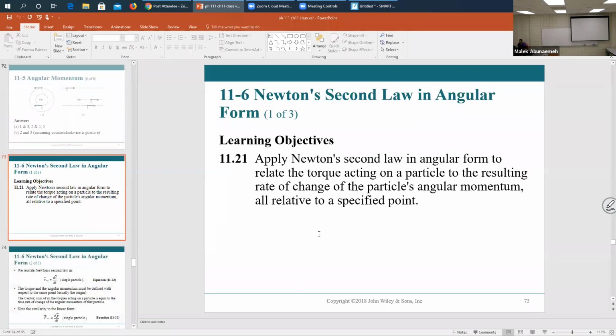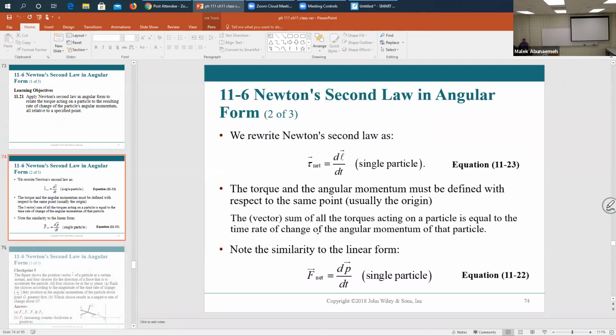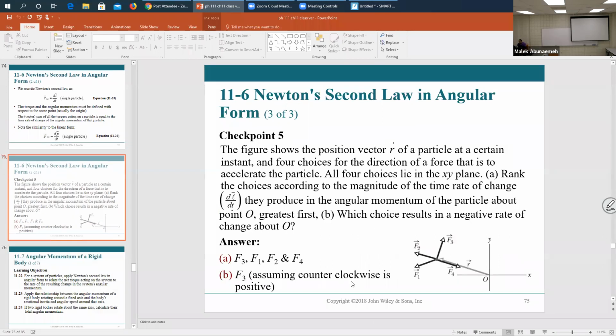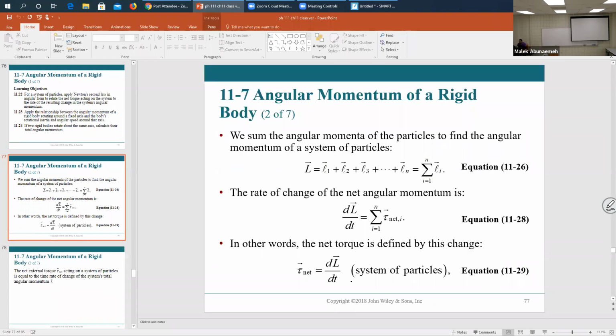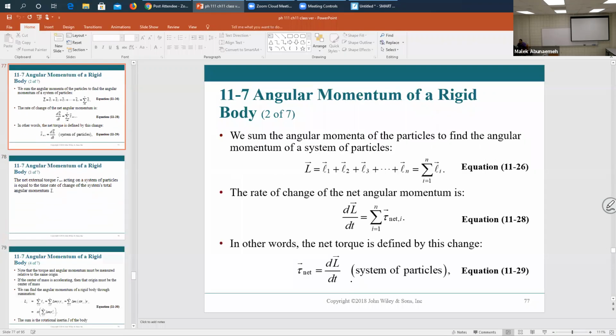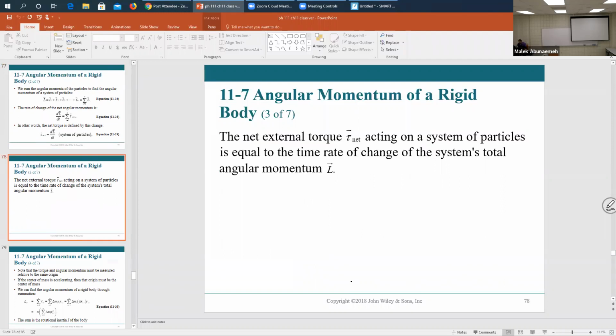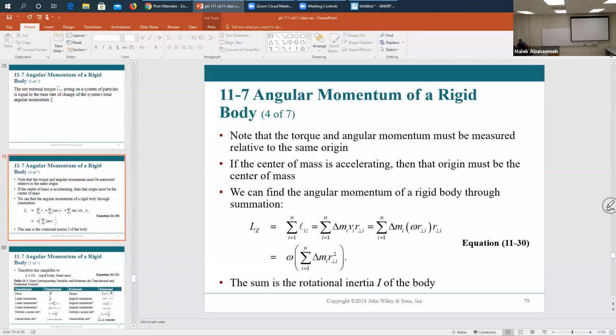And we wrote Newton's second law as the net torque equals dL over dt. Your angular momentum of a rigid body is L, so your torque equals dL over dt, which equals MR squared omega.